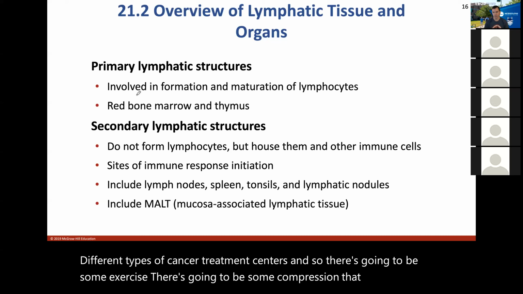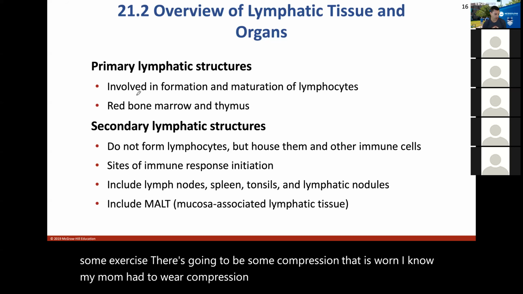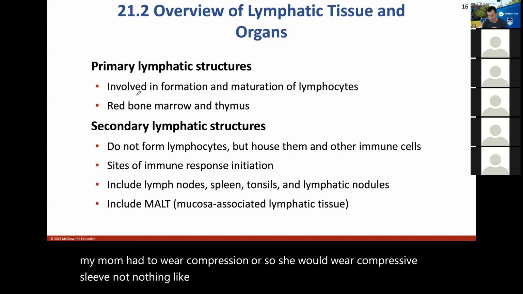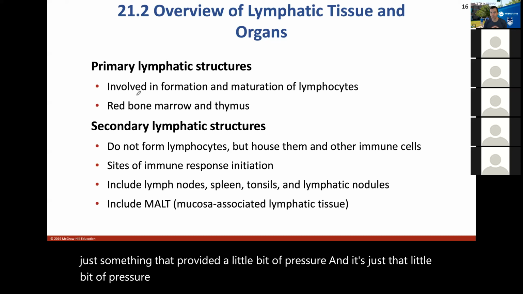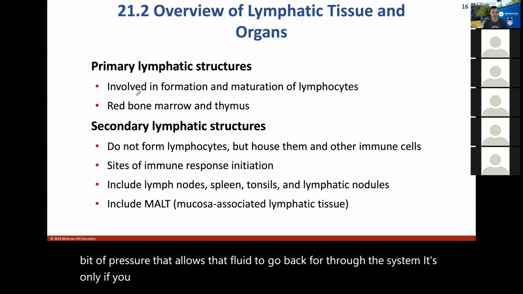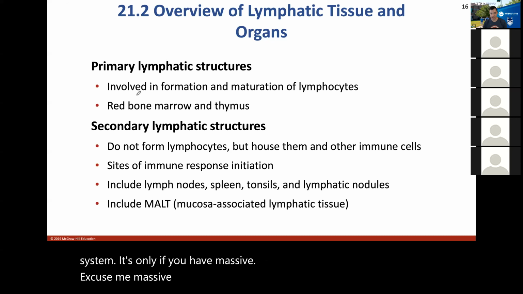I know my mom had to wear compression there. So she would wear a compressive sleeve. Nothing like a basketball player or anything like that, but it was just something that provided a little bit of pressure. And it's just that little bit of pressure that allows that fluid to go back and forth through the system. It's only if you have massive destruction where you would see some significant lymphedema associated with that.